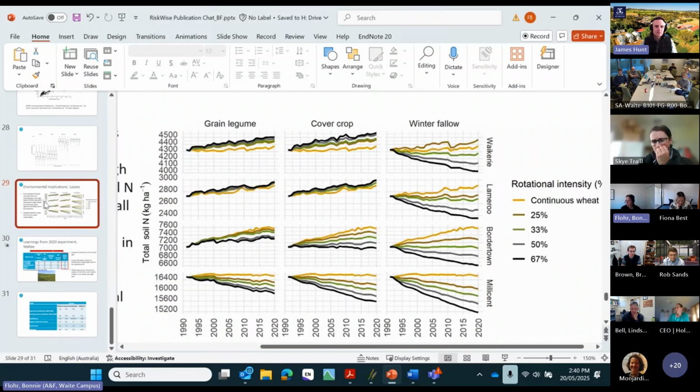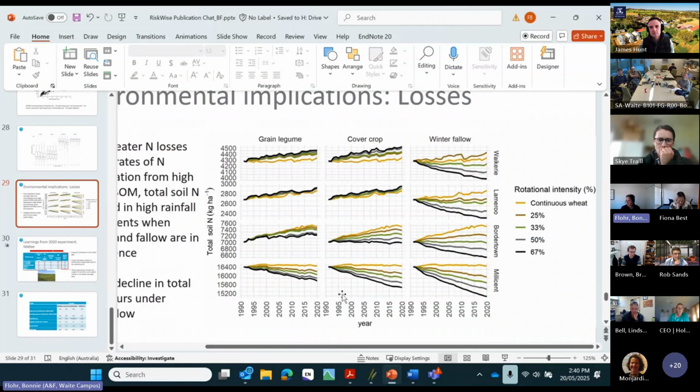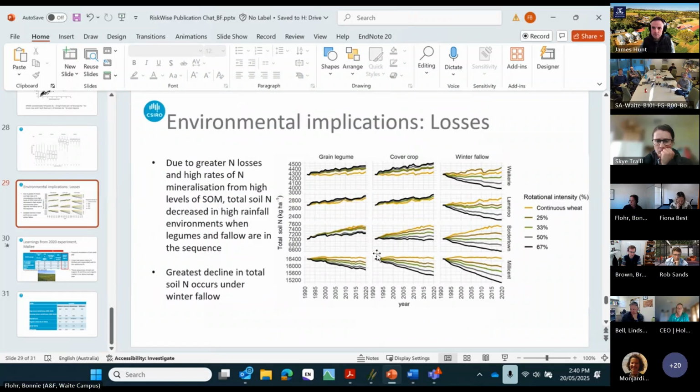And actually, it kind of shows it in this figure of how the soil N declined over the duration of the simulation.